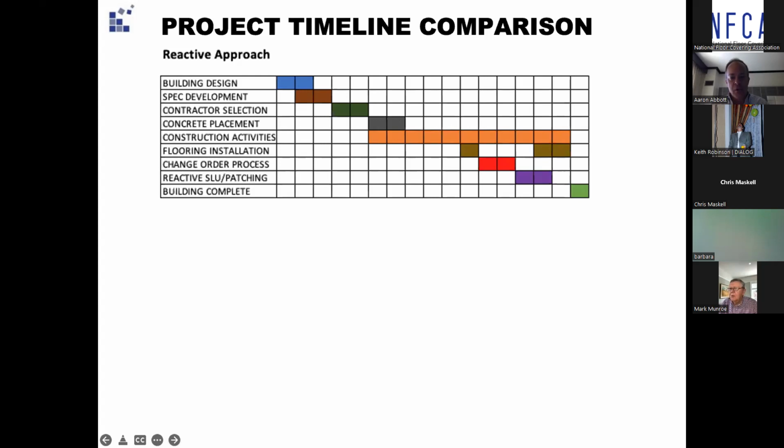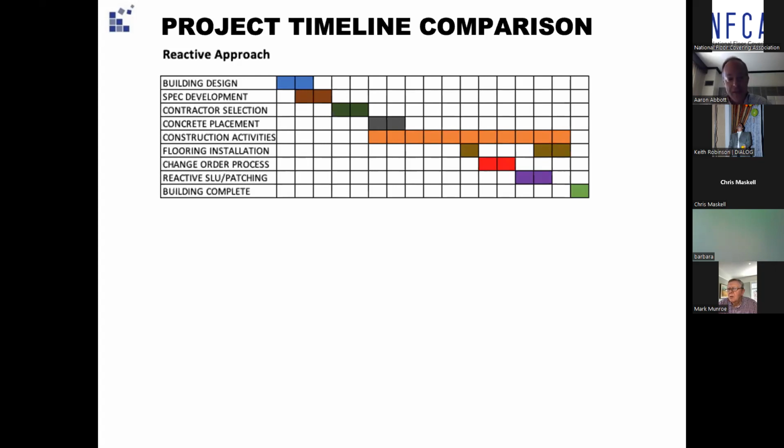Once that change order process is underway, this is where oftentimes fingers can be pointed. Conferences and meetings are arranged, and we decide, sometimes too late, who's responsible for the flattening that has to take place.